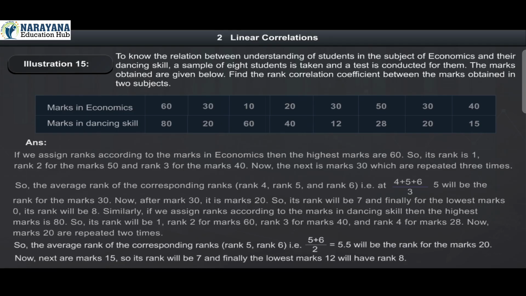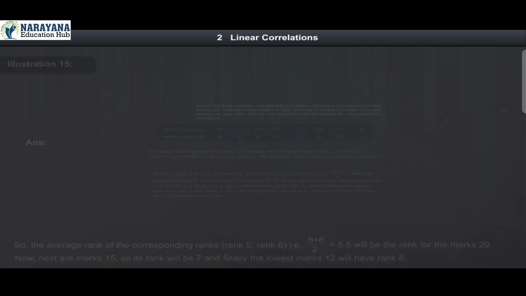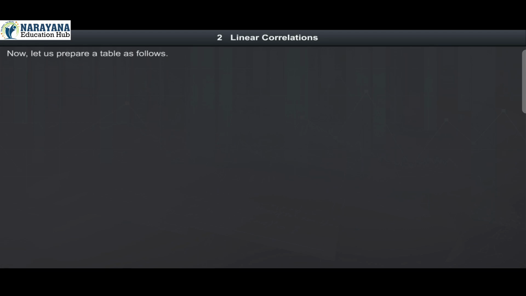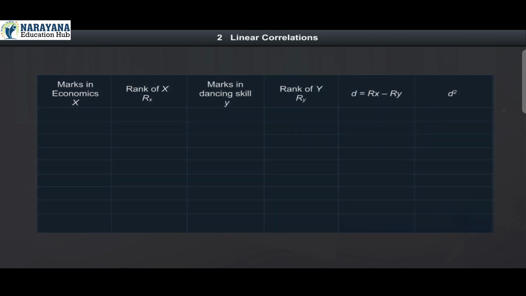So the average rank of the corresponding ranks, that is rank 5, rank 6, that is (5 + 6)/2 = 5.5, will be the rank for the marks 20. Now next are marks 15. So its rank will be 7 and finally the lowest marks 12 will have rank 8. Now let us prepare a table as follows. Marks in economics X.